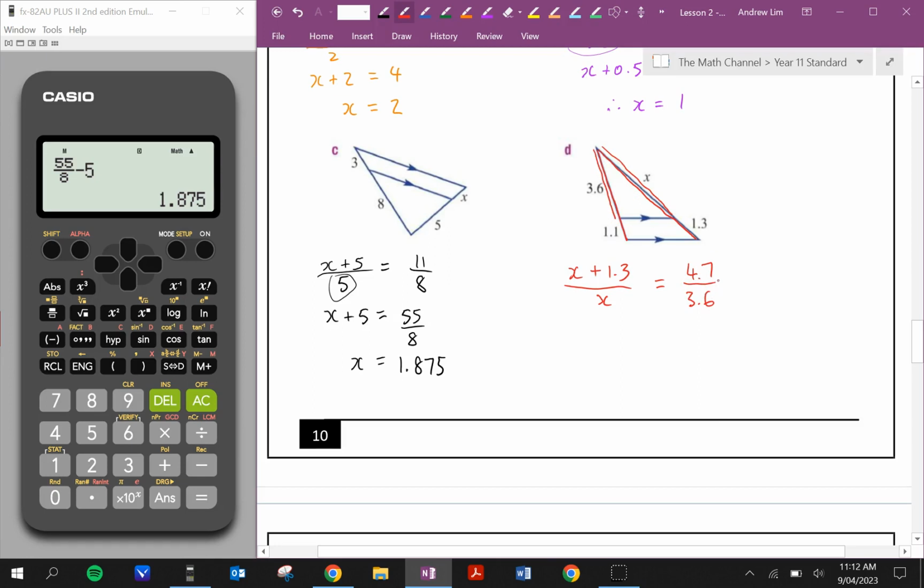All right, so it seems here that we've got two x's. Whenever we've got an x in the numerator and a denominator, let's just cross multiply to get rid of the fractions altogether. So I'm going to have 3.6 lots of x plus 1.3, and I'm going to have 4.7x.